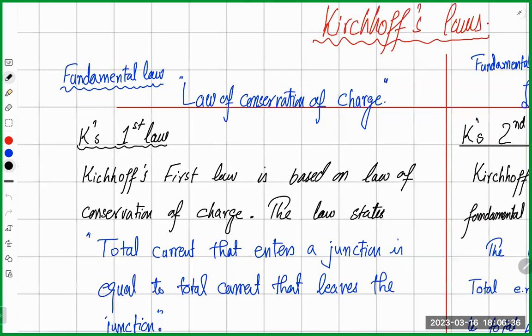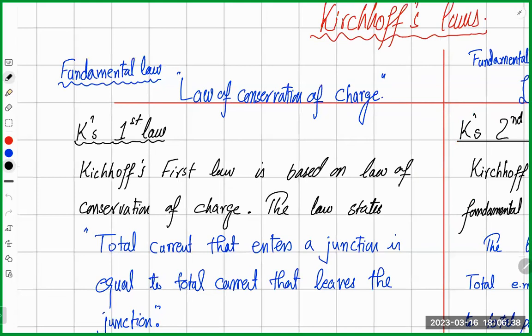That also holds on the law of conservation of charge, because the total charge even in that case stays the same. Kirchhoff's first law is based on the law of conservation of charge.